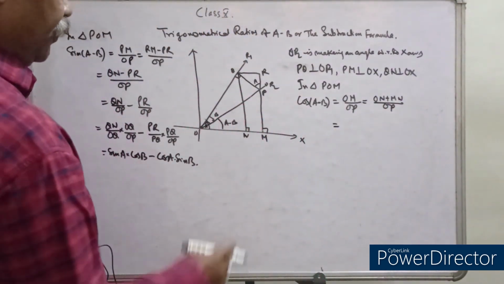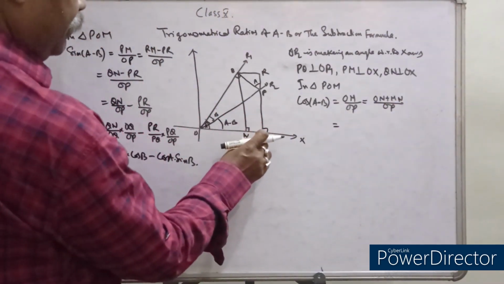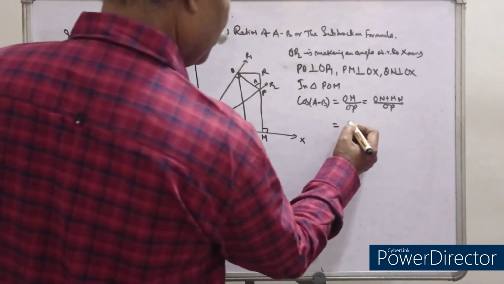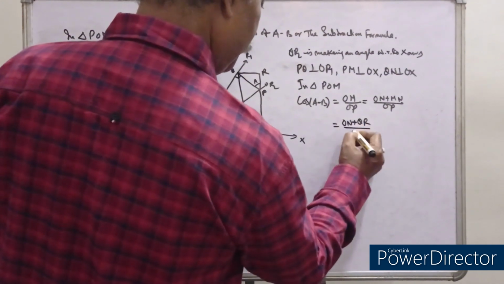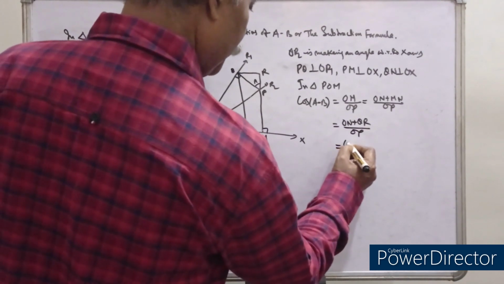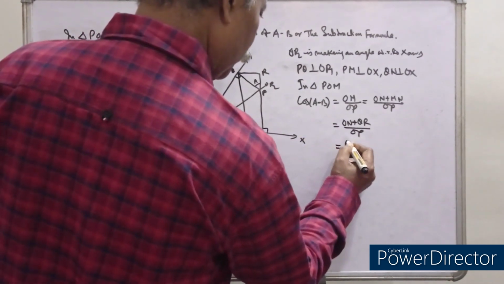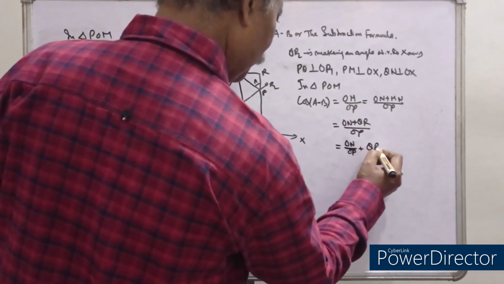Instead of MN, I am going to write QR because this forms a rectangle. So ON plus QR by OP, which is ON by OP plus QR by OP.